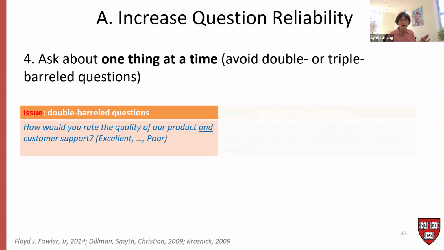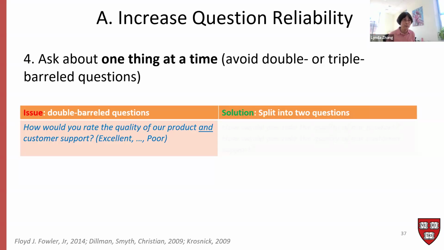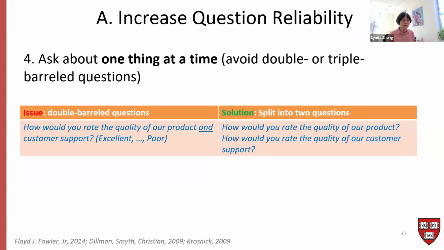Respondents may be satisfied with one but not the other. They wouldn't be able to answer it. Therefore, you need to ask one specific topic at a time. You can split this into two questions. How would you rate the quality of our product? And the second one about customer support.